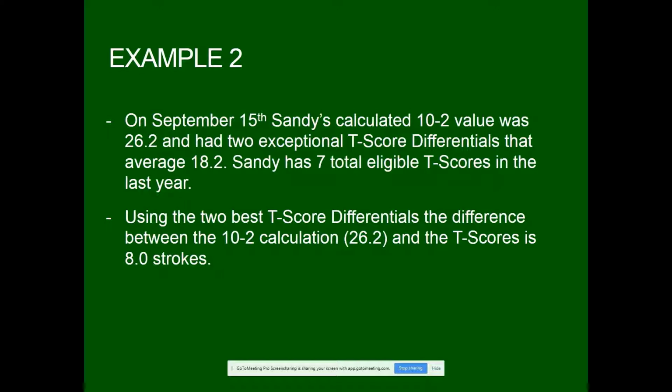If you set the potential of shooting some really good T-score in the system and you are playing worse, going in the opposite direction, the system knows that you have the potential to play really good golf. So it's going to reduce you even further to catch up with that potential. Versus if you play better and start playing closer to that potential, your reduction is either going to get smaller, or in a lot of cases, your R will actually go away altogether.